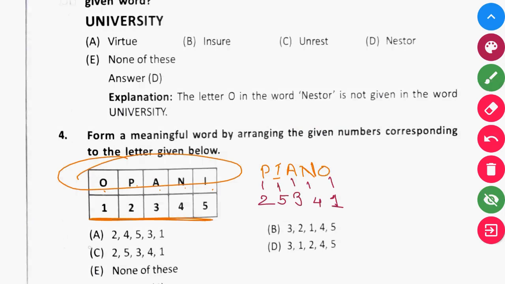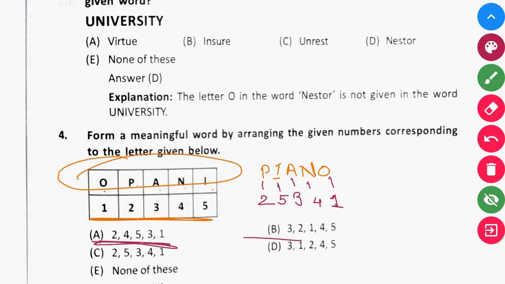According to the revision, you have to find a meaningful word first, and then we have to arrange the numbers. Not by arranging the numbers, or you can just check by this 2, 4, 5, 3, 1 which word is forming here, but it will take more time if you didn't get the idea which word it is. So you have to follow this thing.